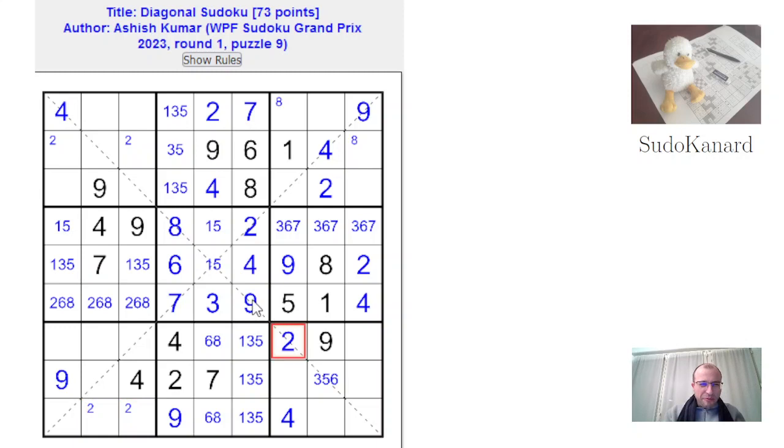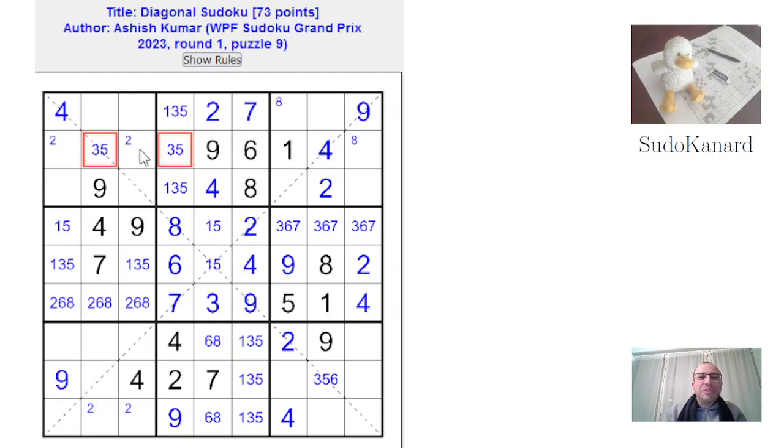We already have 4 digits on this diagonal. So what are the missing digits here? 1, 3, 5, 6, and 7. So this can only be 3 or 5, and we get a pair on this row.